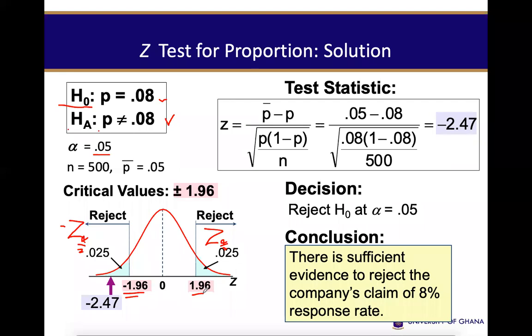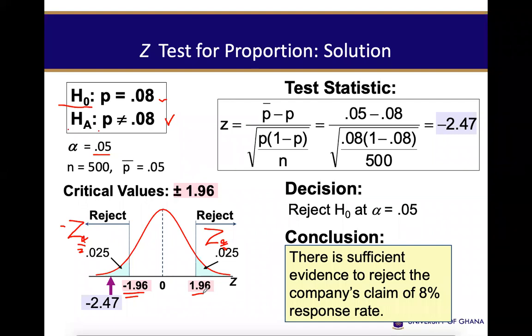Now, in hypothesis testing, there are three main values of alpha that we normally would give you: 5%, 10%, and then 1%. Every value of alpha has its corresponding z value.